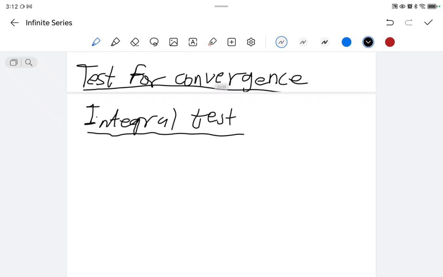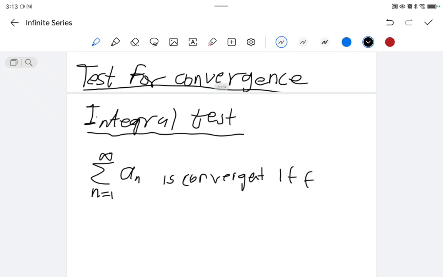So based on the integral test, let's suppose that I'm given a series of a of n, where n goes from 1 up until infinity. We're going to say that the series is convergent if and only if the improper integral, so you saw that there we use the improper integral, right?